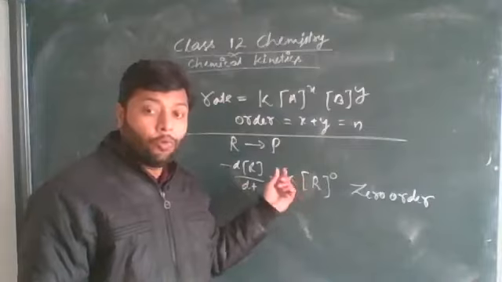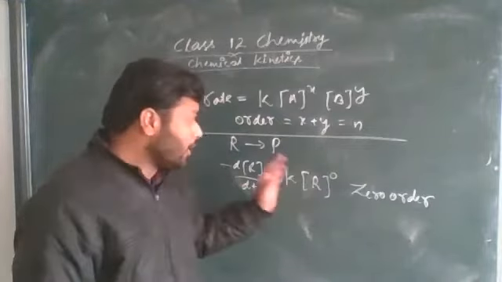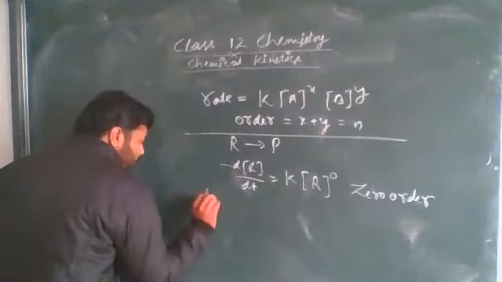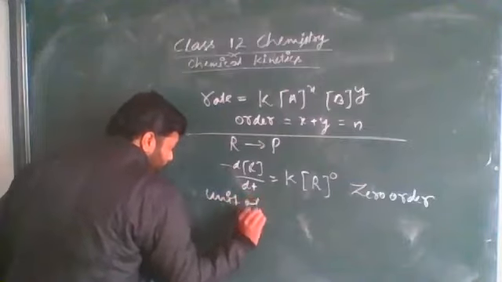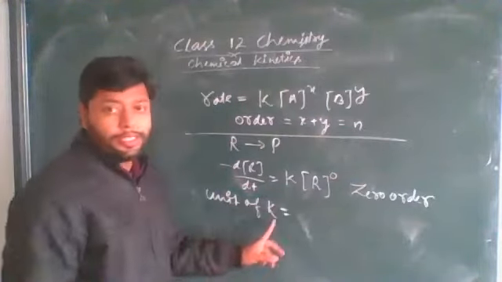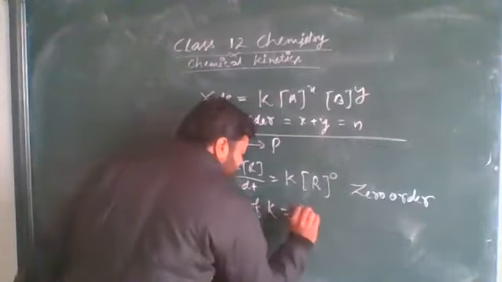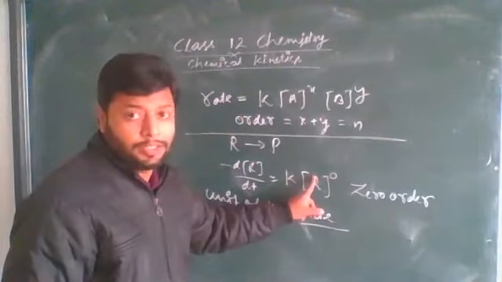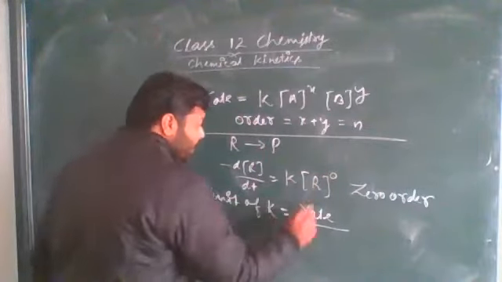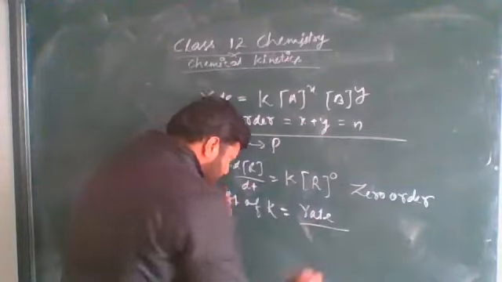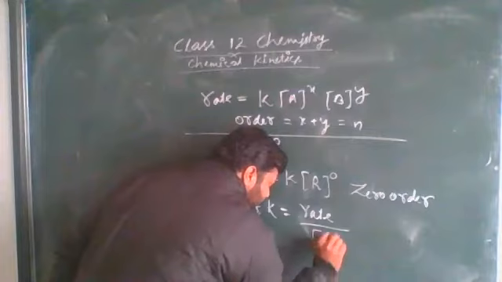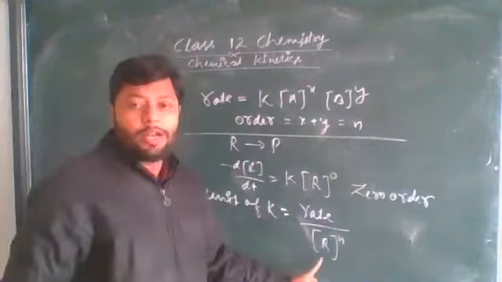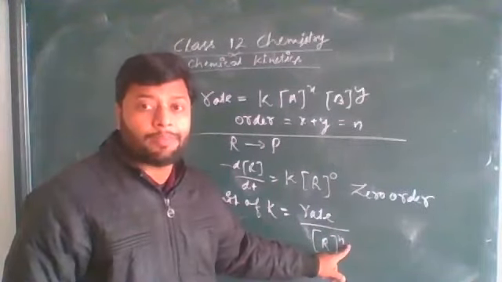What will be the rate constant unit here? The unit of k will be the rate upon the molar concentration to the power n, where n is the order of the reaction.